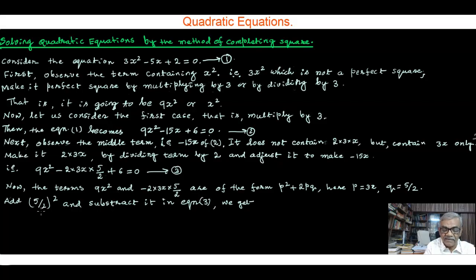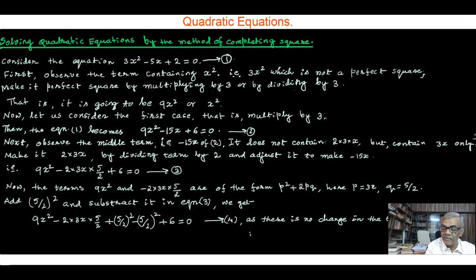Here add the same quantity 5 by 2 whole square and subtract the same quantity 5 by 2 whole square. We get 9x square minus 2 into 3x into 5 by 2 plus 5 by 2 whole square minus 5 by 2 whole square plus 6 is equal to 0. Let me call it equation number 4, as there is no change in equation 3.